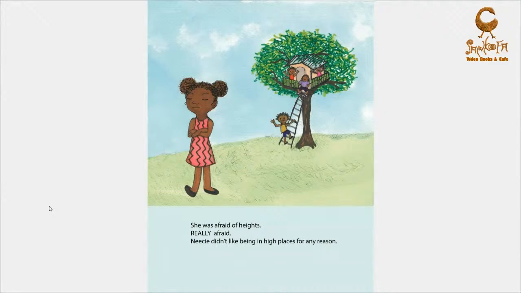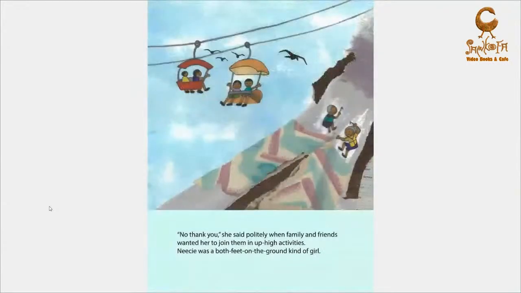Neecie didn't like being in high places for any reason. "Nope, no, thank you," she said politely when friends and family wanted her to join them in up-high activities. Neesee was a both feet on the ground kind of girl.